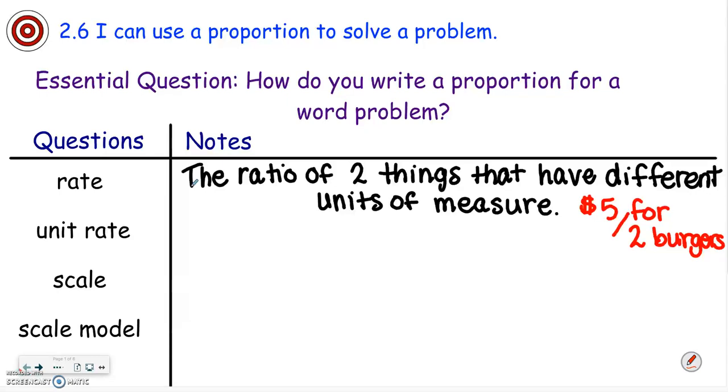So there's two things that have different units. One is money, one is burgers.